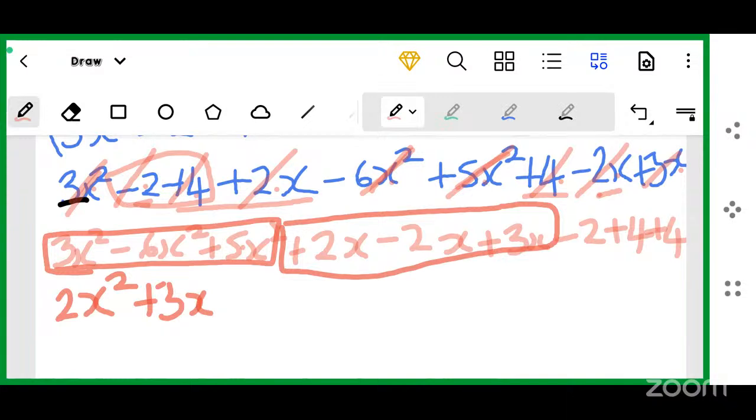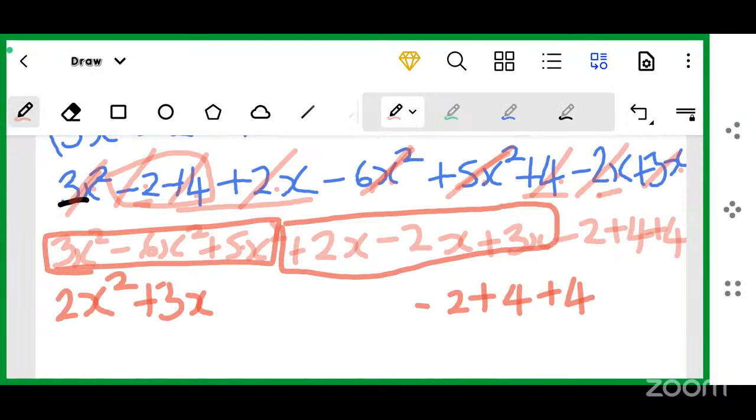The last one is going to be negative 2, plus 4. So it's something like this. You say it's positive 10?